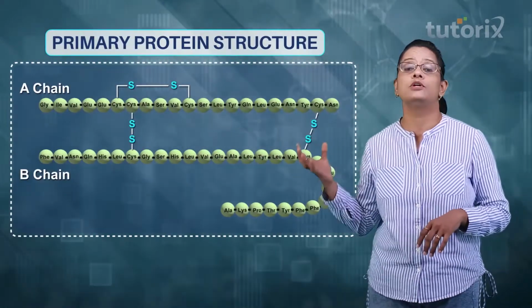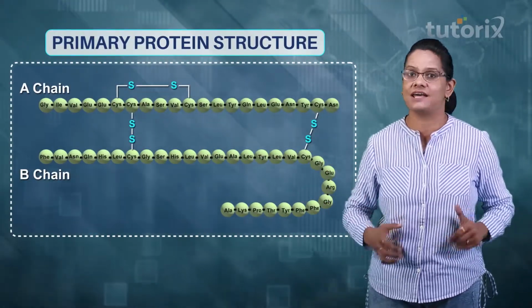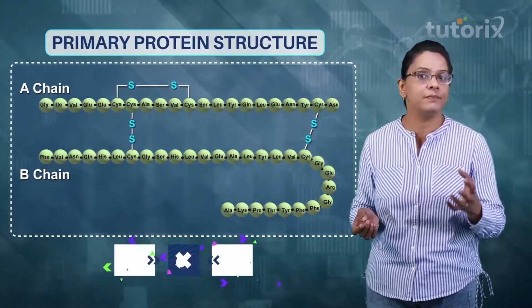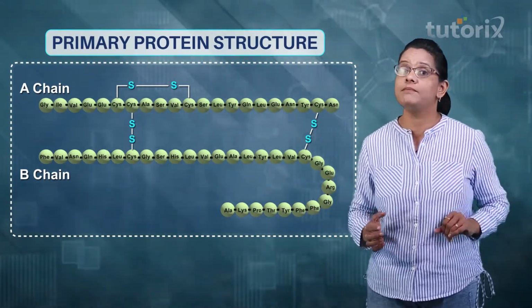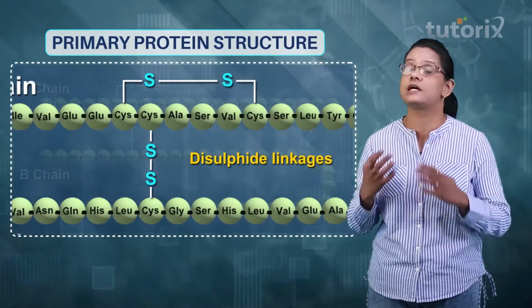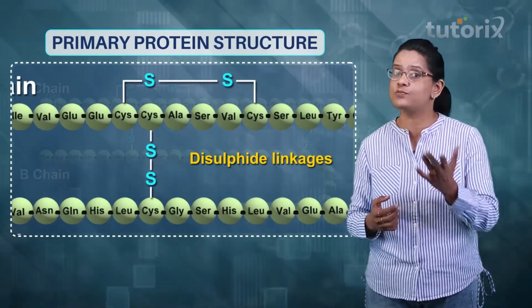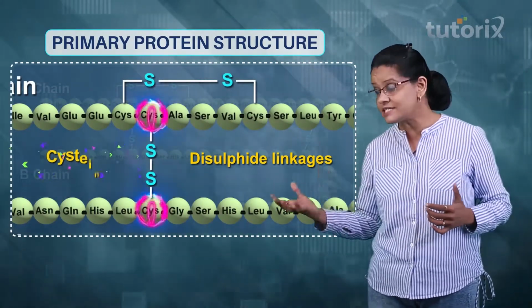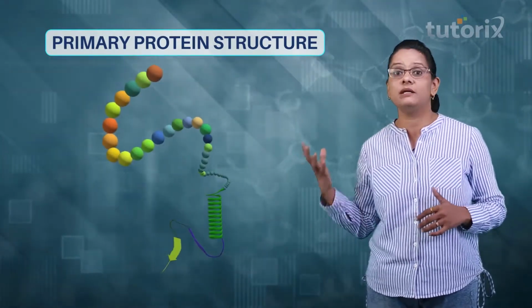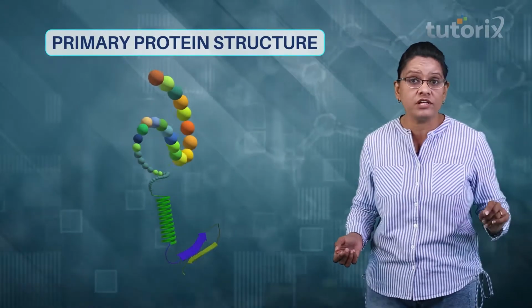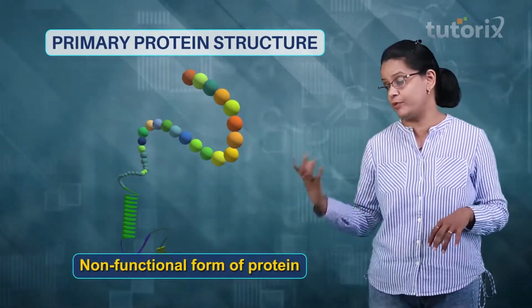The primary protein structure usually has covalent bonds like the peptide bonds in them. So, peptide bonds are in majority, while sometimes disulfide linkages are also present in those protein structures in which cysteine is present as amino acid. Now guys, the primary protein structure is generally the non-functional form of protein.